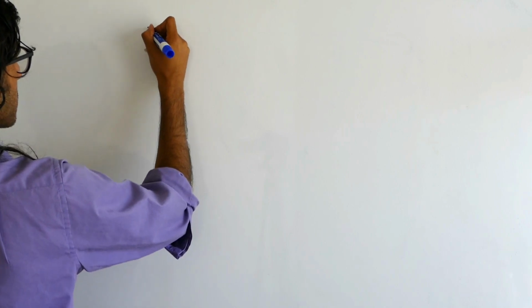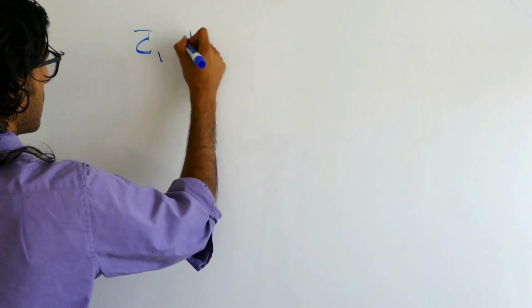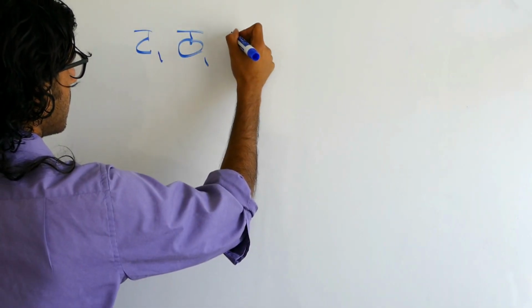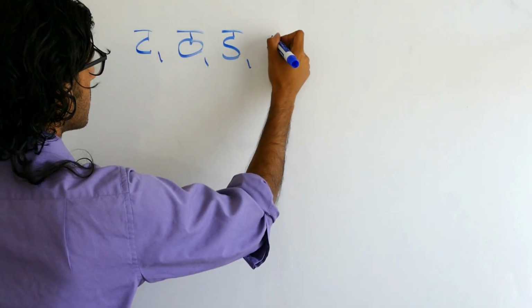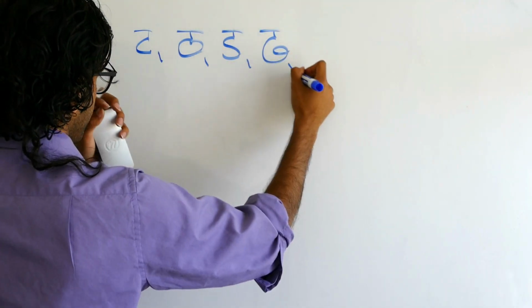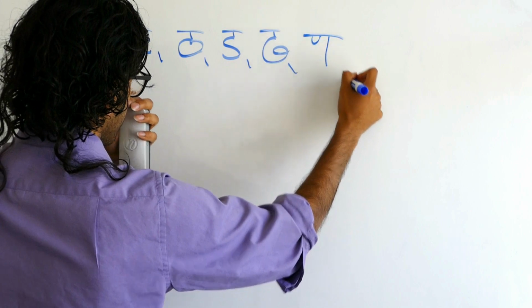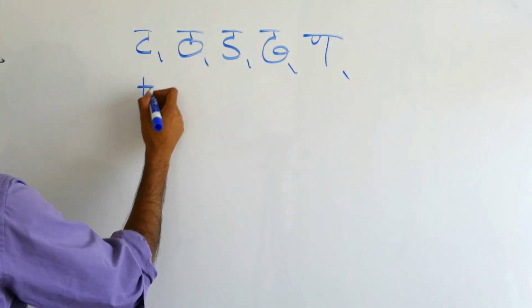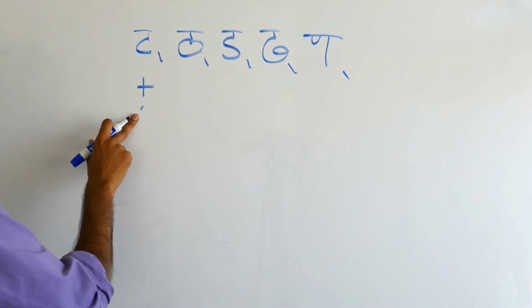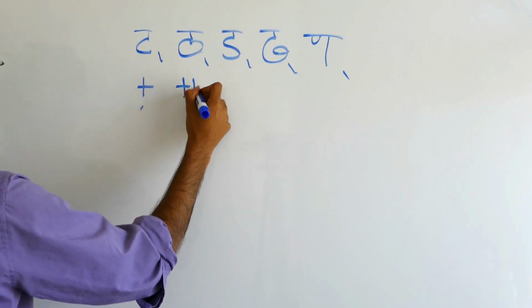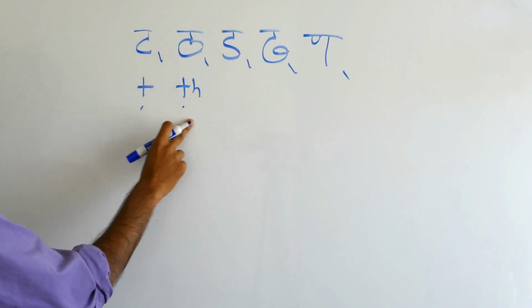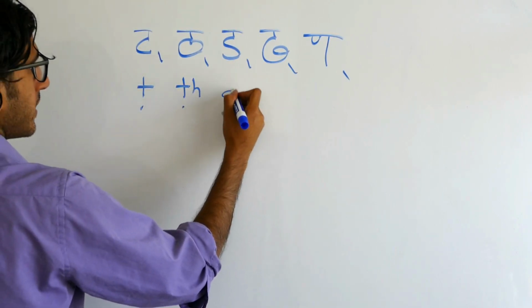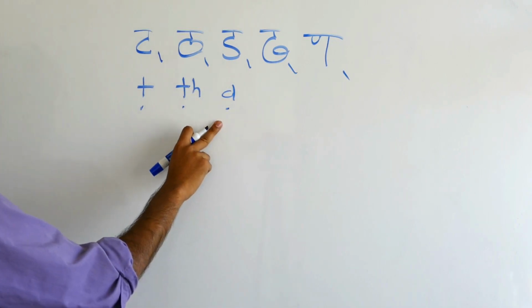Then the cerebrals. Ta, tha, da, dha, and na. So here we have a ta, t with the dot underneath. Tha, t with the dot underneath with an h. Then we have a da, d with the dot underneath.